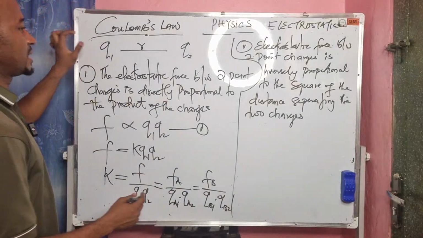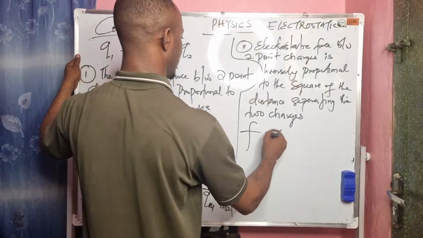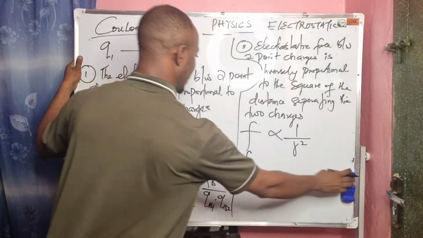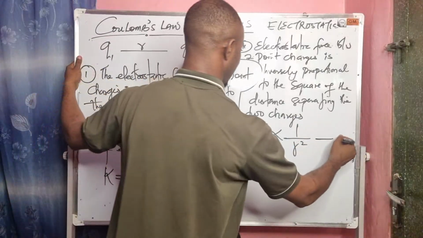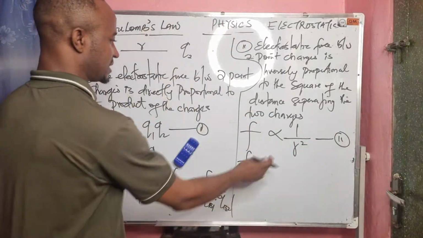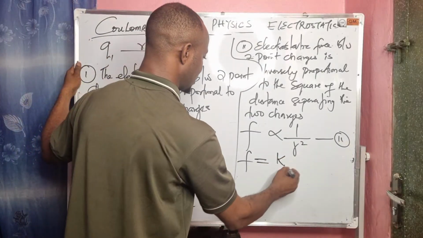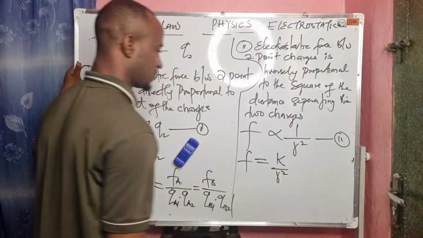Meaning from this same diagram, we are saying that force is what? Inversely proportional to what? 1 over what? R squared. So from here, I can take off this sign again, right? This is my equation 2. I can take off this sign and put our equal sign, and also introduce the constant divided by R squared, right?